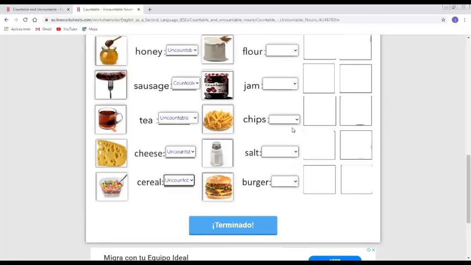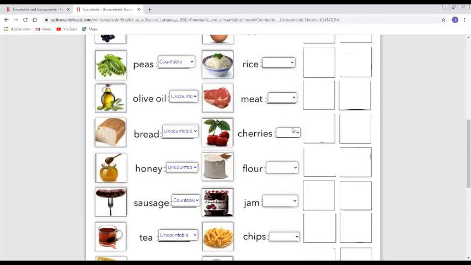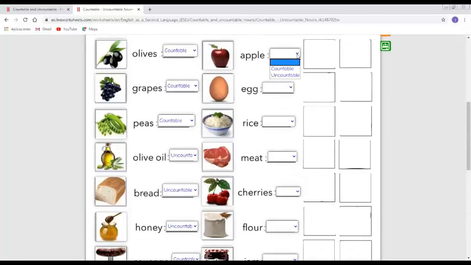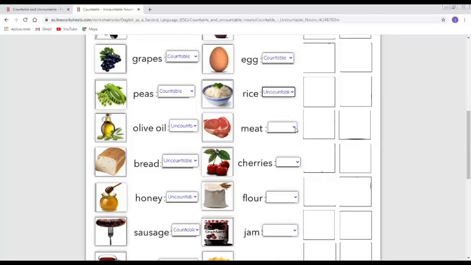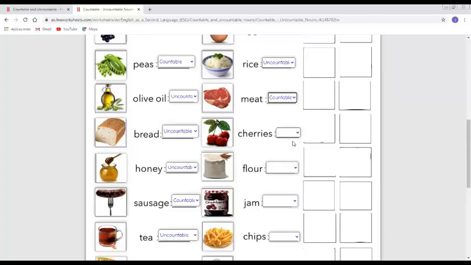Cereal. Uncountable. Continue with apple. Countable. Egg. Countable. Rice. Uncountable. Meat. Countable. Cherries. Sorry. Meat, uncountable. Okay, meat is uncountable.